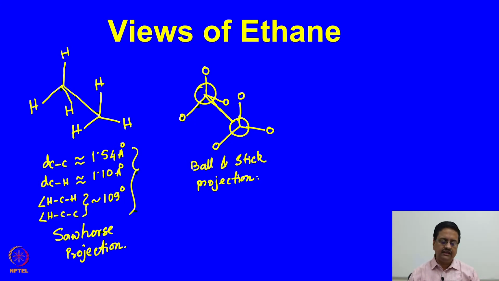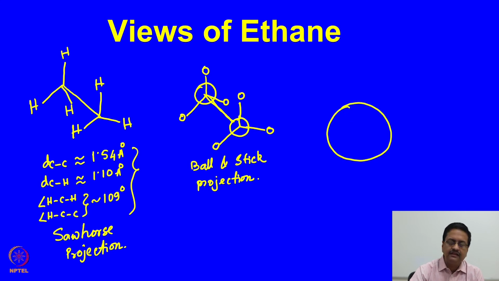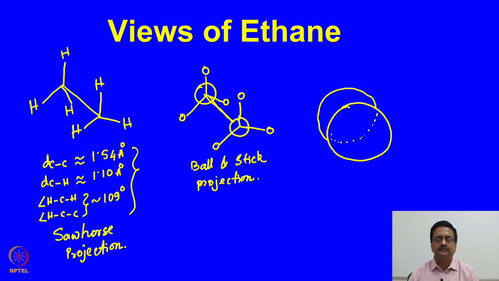The third way of drawing a similar molecule is to draw a hard sphere object. The carbon in the front is drawn as a big sphere, and the carbon at the back is partially drawn like that, as if it is behind the first carbon. Then you have 3 hydrogens which are smaller in size but occupy a certain volume, drawn like that.